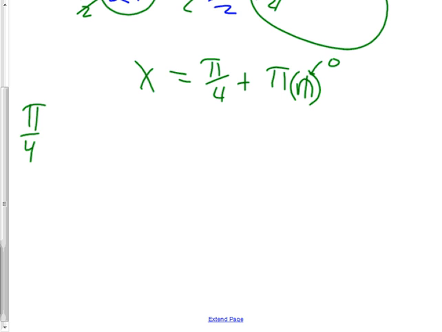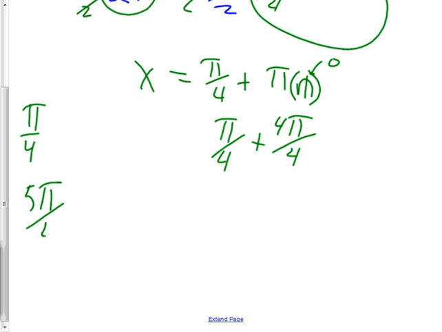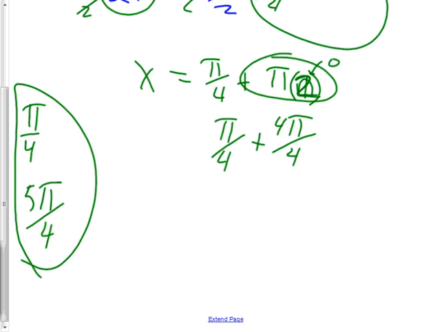That's pi. What's pi plus pi over 4? Well, I think of it as 4 pi over 4 plus pi over 4, and that makes 5 pi over 4. All right. Now what if I put in a 2? Instantly I go, I got 2 pi plus something. That's going to be too big. There was only 2 solutions in this case. Raise your hand if you had them right. Okay, good job. All right, so you just keep on putting 0, 1, and 2 into your little equation.